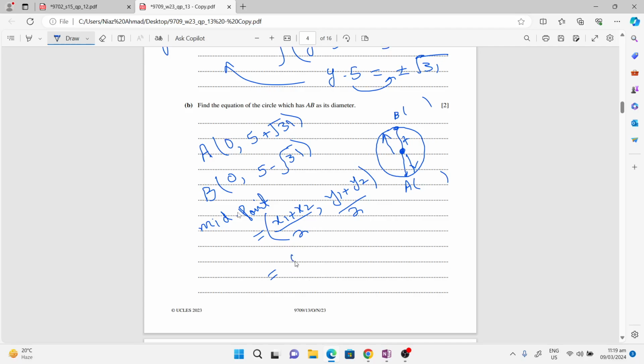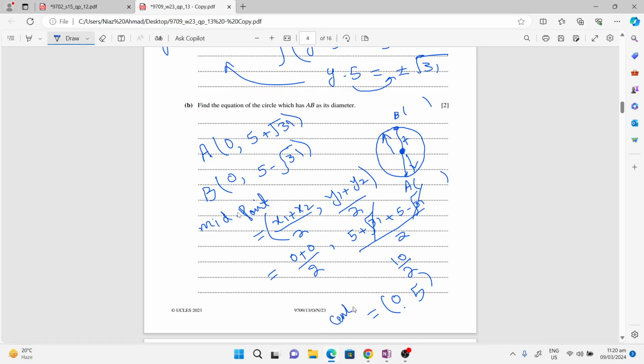That would be x1 plus x2, 0 plus 0 over 2, comma, 5 plus the square root of 31 plus 5 minus the square root of 31 over 2. So positive square root of 31 cancels negative square root of 31, so it's 10 over 2, so it's 5, and here it's 0. So (0, 5) is my midpoint. Midpoint means it's the center of the circle.